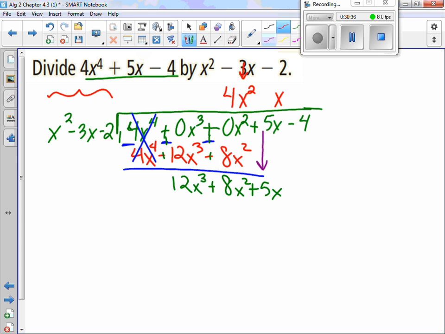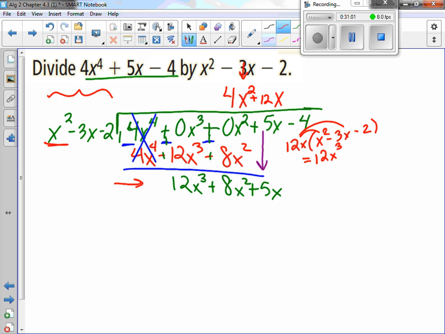What times x squared is going to give me 12x cubed? Plus 12x. So we're going to do the same thing. We're going to multiply 12x by x squared minus 3x minus 2. Well, 12x times x squared is going to be 12x cubed. 12x times negative 3x will be negative 36x squared.